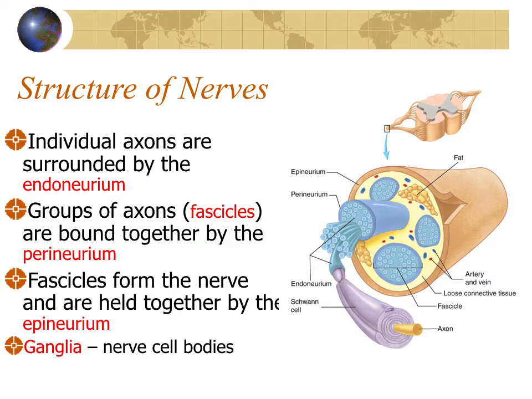And then a bunch of fascicles are surrounded by an epineurium. Okay, and these will go to different parts of the body. Some will carry sensory information, others are going to carry motor. The peripheral nervous system also contains some ganglia, which are collections of nerve cell bodies outside the central nervous system. And here's where there might be a little bit of processing, but most of it's just reflex activity.